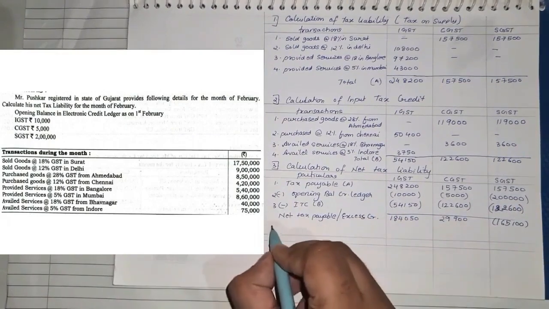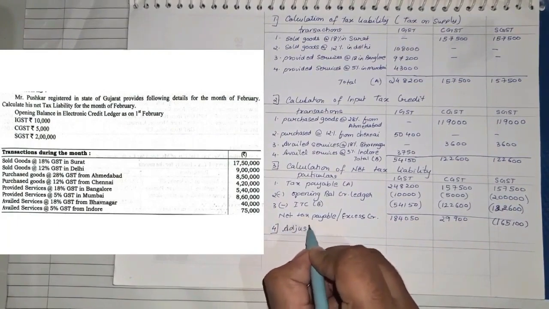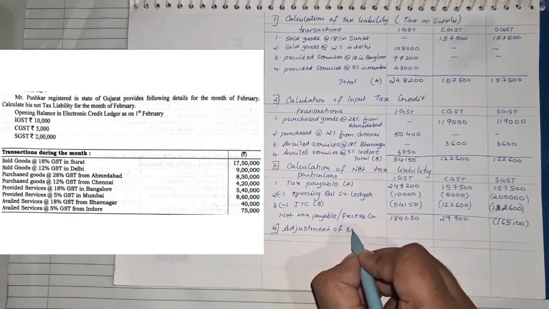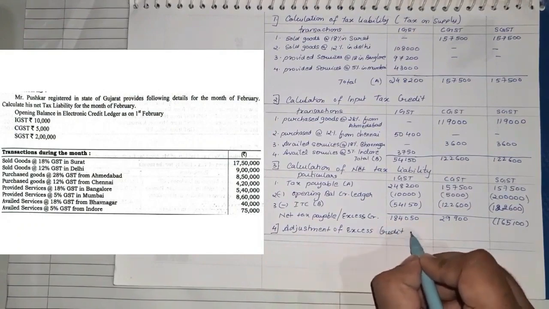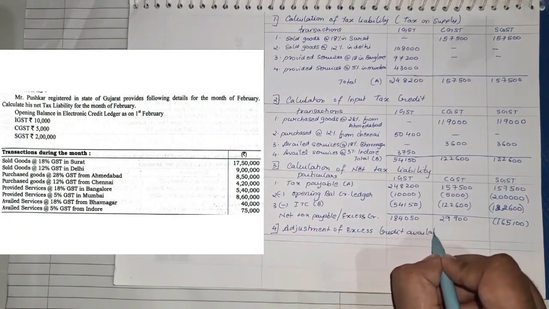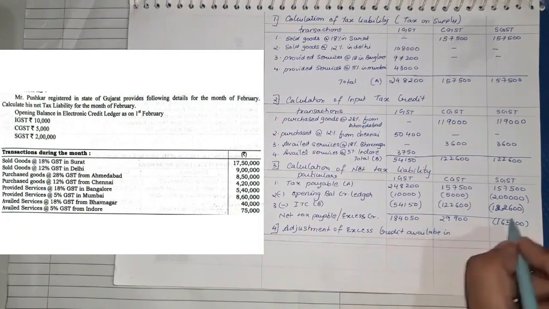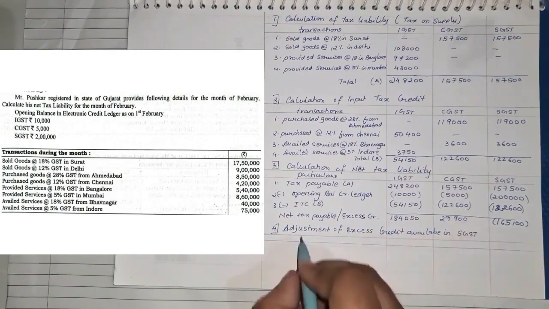Now since it is negative, I'll start with my step number 4, that will be adjustment of excess credit available in SGST. So how to do that?